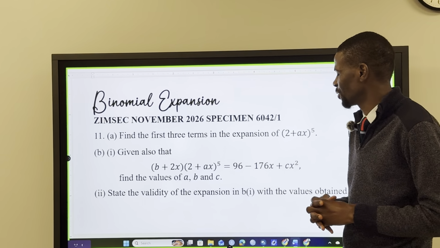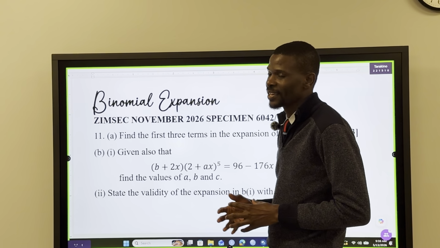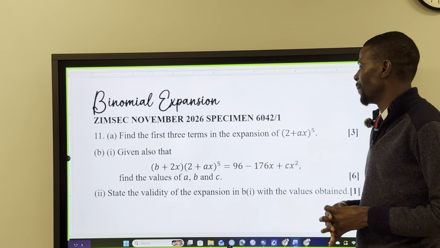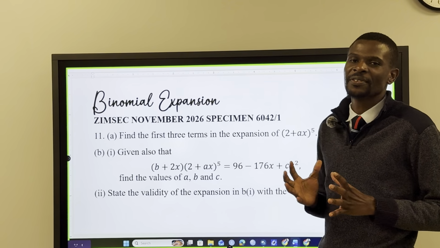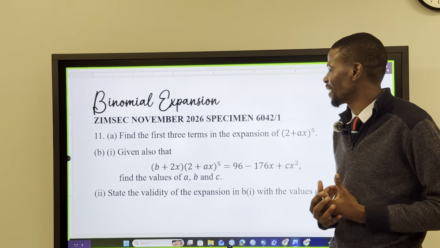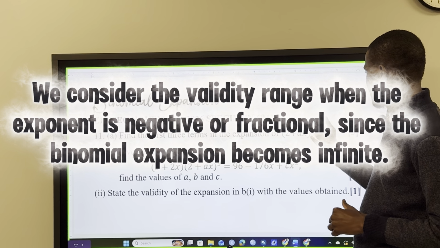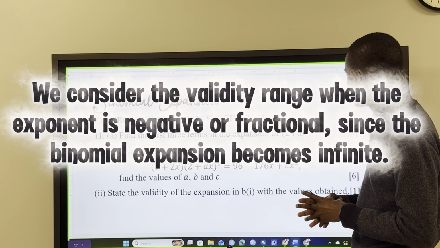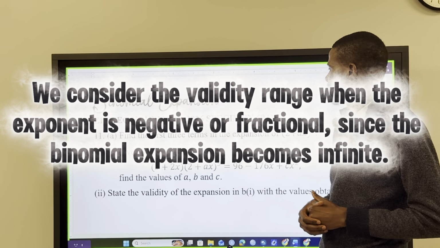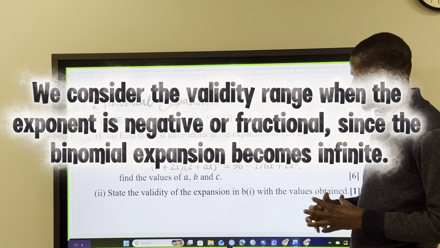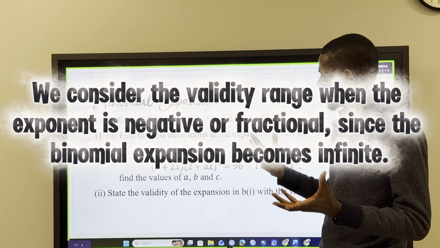I don't intend to disrespect the examiner here, but according to the little knowledge that I have, validity is only necessary if the exponent is negative or fractional, since the expansion approaches infinity.